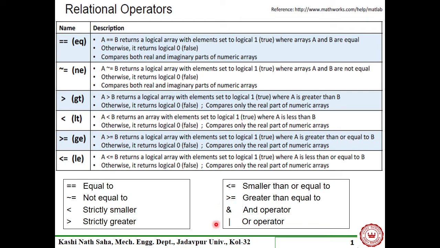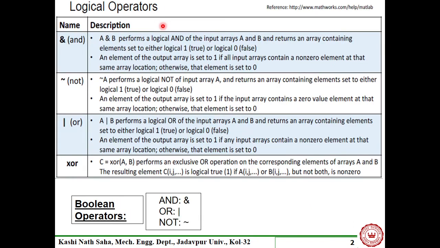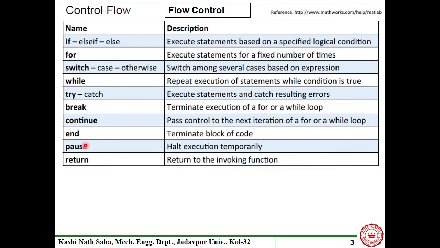These two operators are needed in conjunction with the relational operators. You probably know about the truth table of AND and OR operations. We are not going to discuss that. We'll be using them directly.